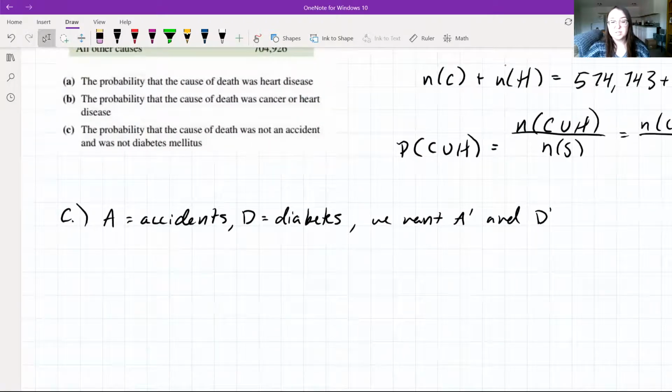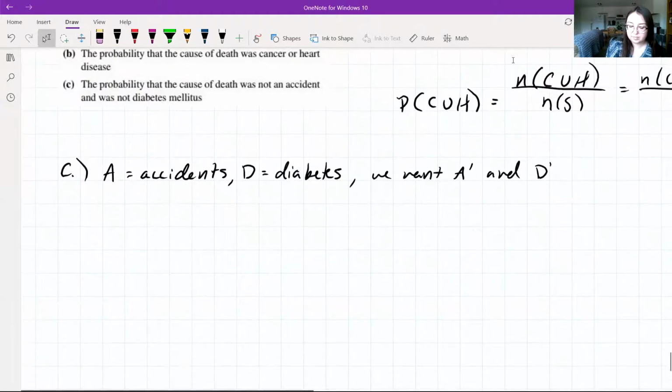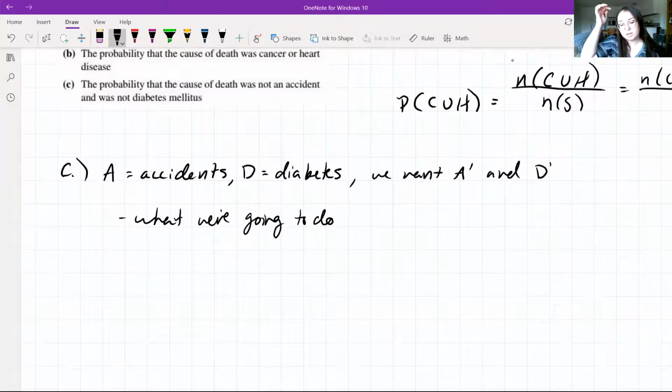We can think of this as actually a few different ways, not necessarily just the complements. Since we want A complement and D complement, we know that that would be A complement intersected with D complement. Now, using an intersection in this case would be more difficult. So what we're going to do is essentially just subtract our values of A and our values of D from our sample space.